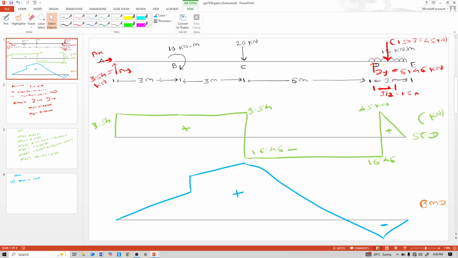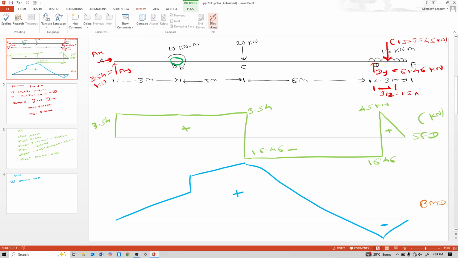At point B, now we need to take moment at this point B. So see left side of that point and see forces, left side forces of that point. So left side force is only AY. So positive AY, that means 3.54 into distance between that force and up to that point. So distance is this 3, multiplied by 3, it is 10.62.